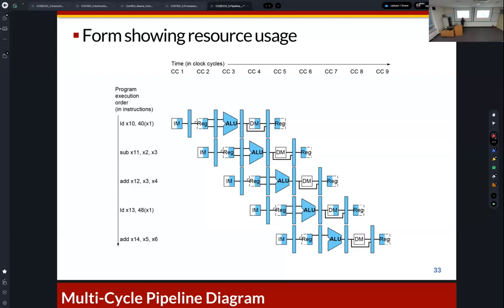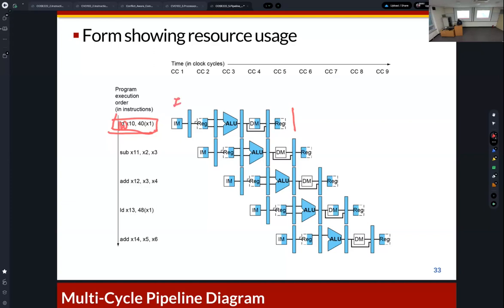But in the pipeline architecture, one instruction takes 5 cycles from the instruction fetch to the write back of the instruction, right? So if we just focus on one instruction, like this load word, then this one instruction occupies 5 cycles.